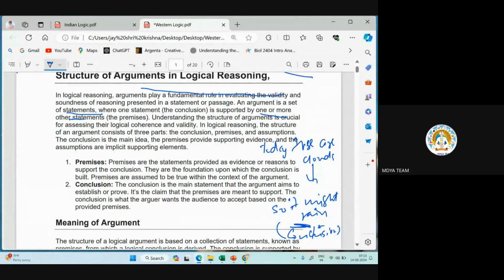Conclusion is what you are going to prove through your argument. And all the statements which you are giving in order to prove this conclusion, these all are known as premises. So can you give one or two more premises in order to support this conclusion?